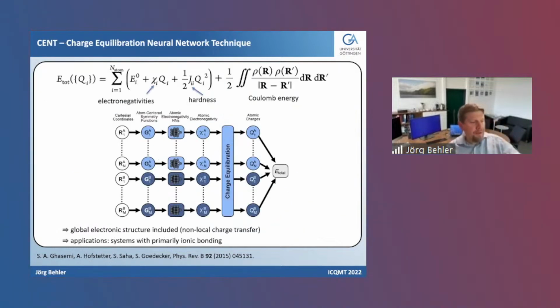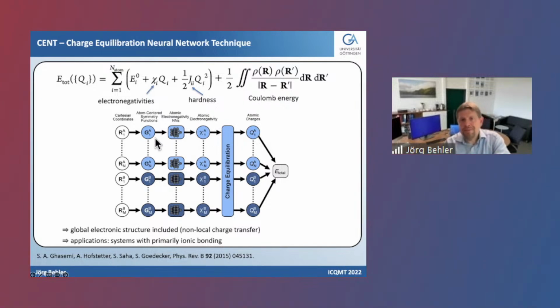So this problem has been recognized already some time ago by the group of Stefan Goedecker in Basel, and he proposed the first fourth generation machine learning potential, the charge equilibration neural network technique, CENT. And the idea is here to have a second-order Taylor expansion in terms of partial charges of the atoms and the classical Coulomb energy.